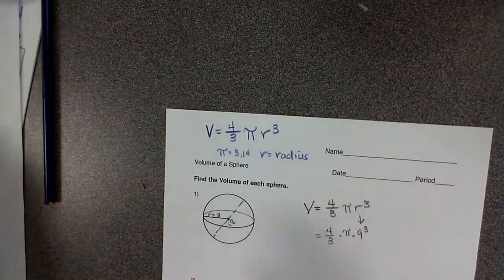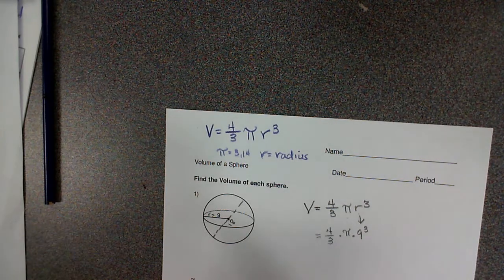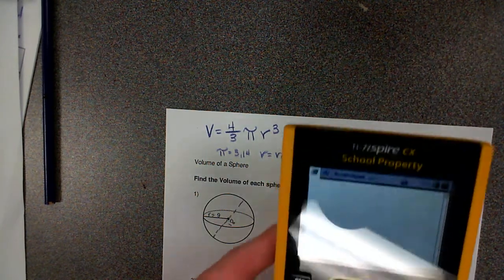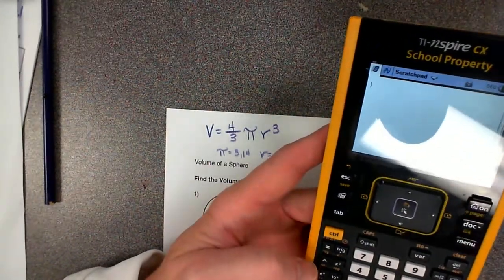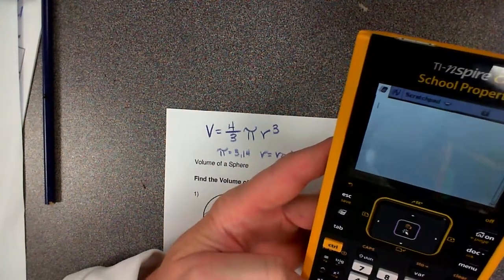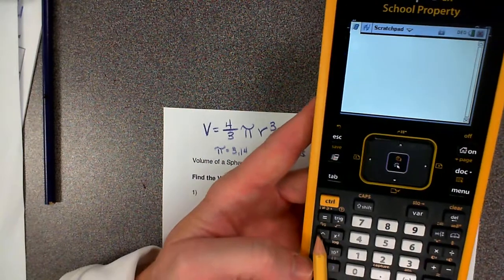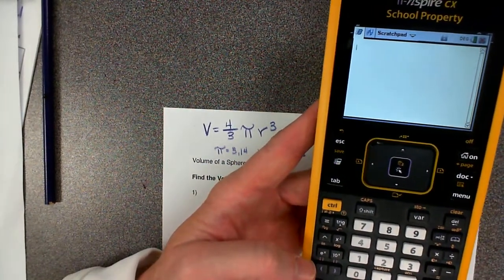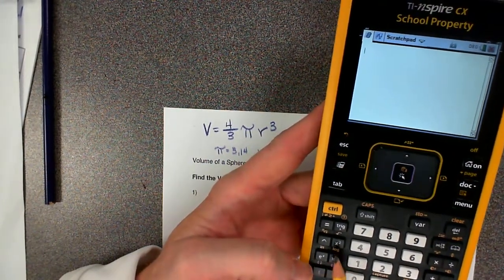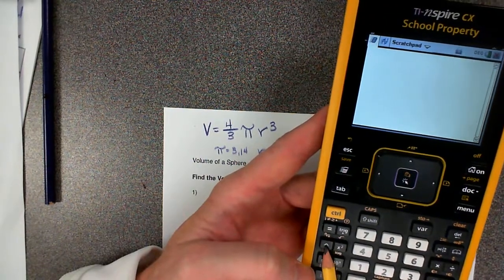If I take 9 cubed in my calculator, to get cubed, you're going to use the caret button right here and tell it to 3.